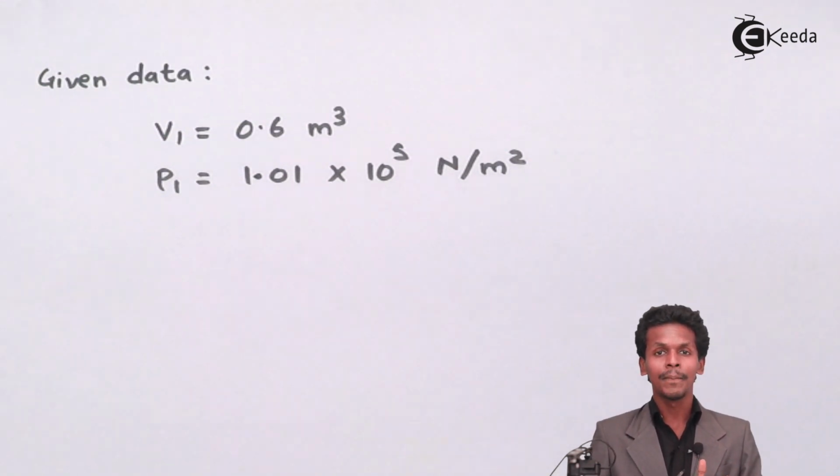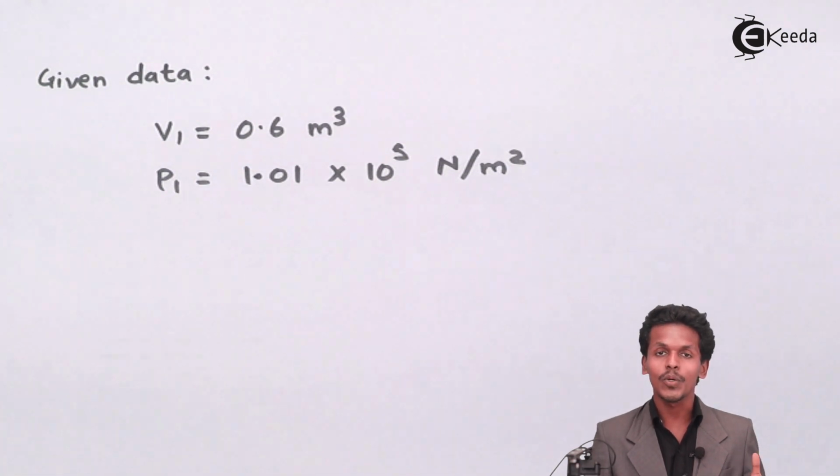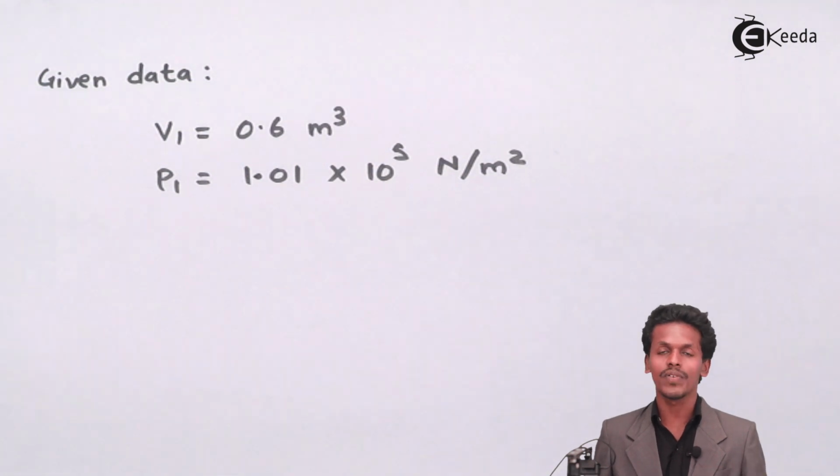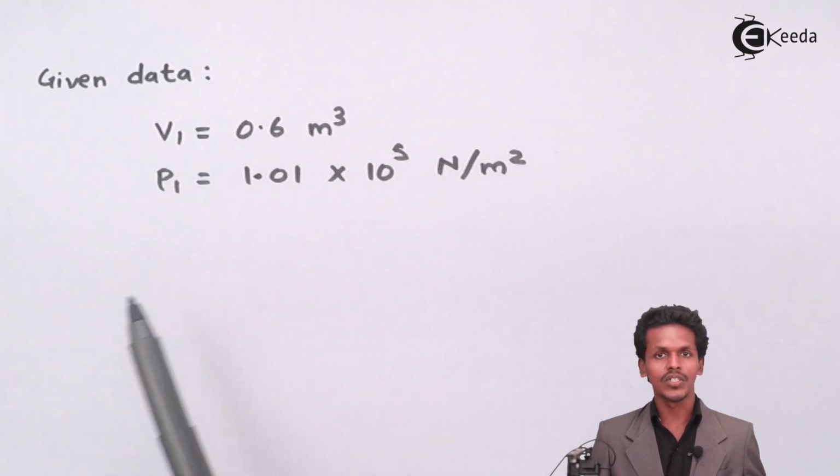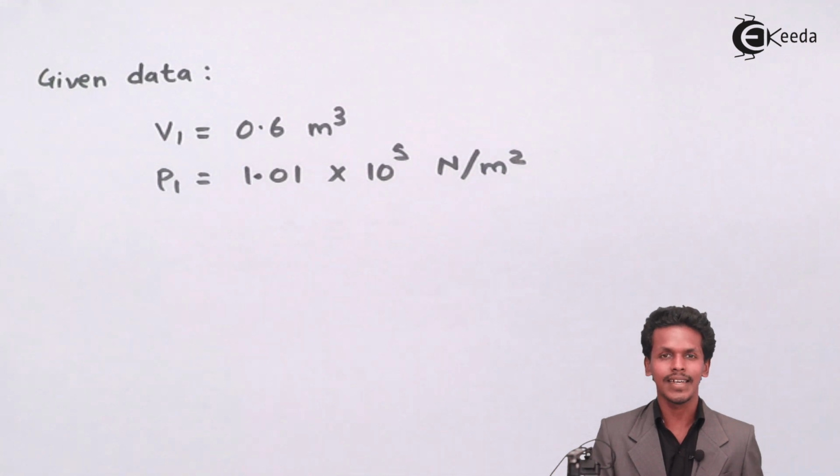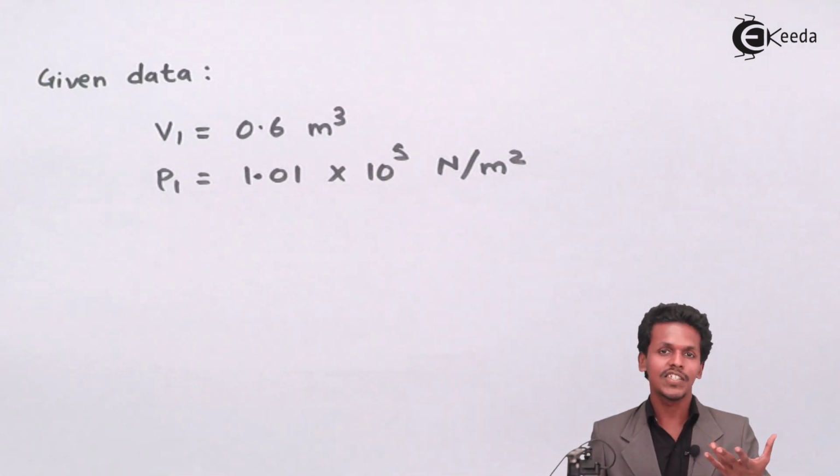So this is the data I have got from the question. This value I should know is 1.01325, but I have taken 1.01 just for an instance, to make it understood that this kind of numerical is very easy to solve.